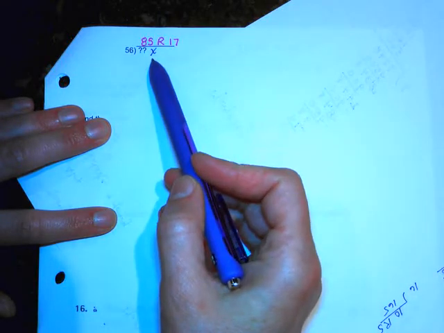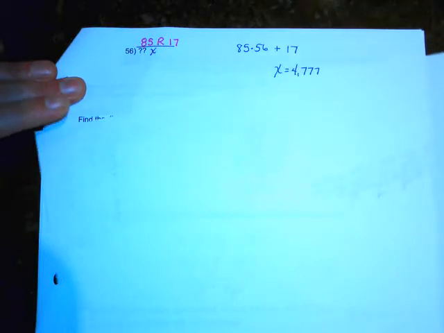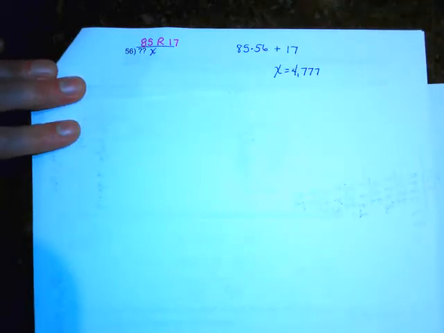So take a pause and see if you can figure out what x should be. It's 85 times 56 plus 17. See how you do on it. Did you guys get 4,777? Hopefully that makes some sense.